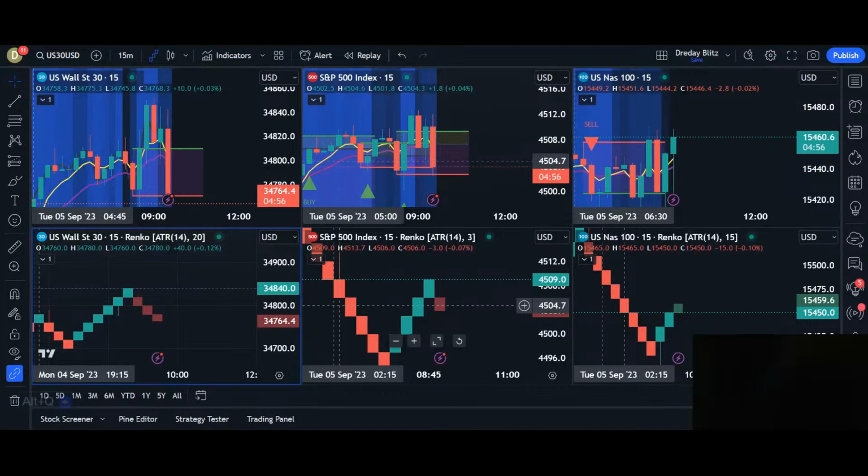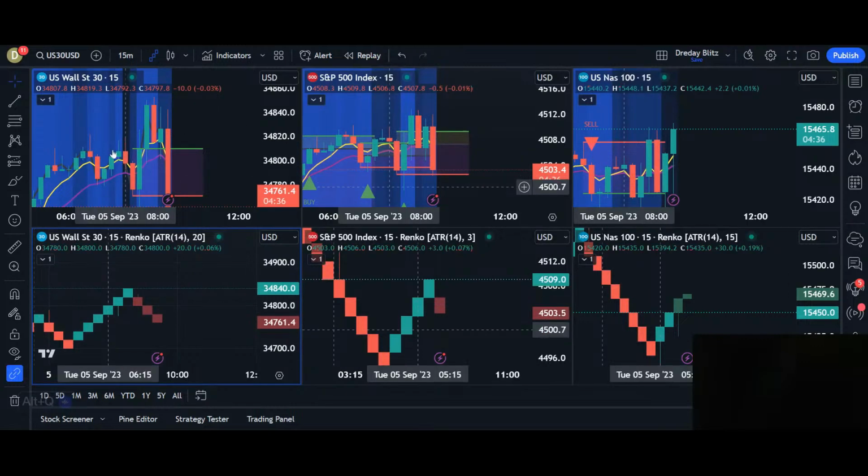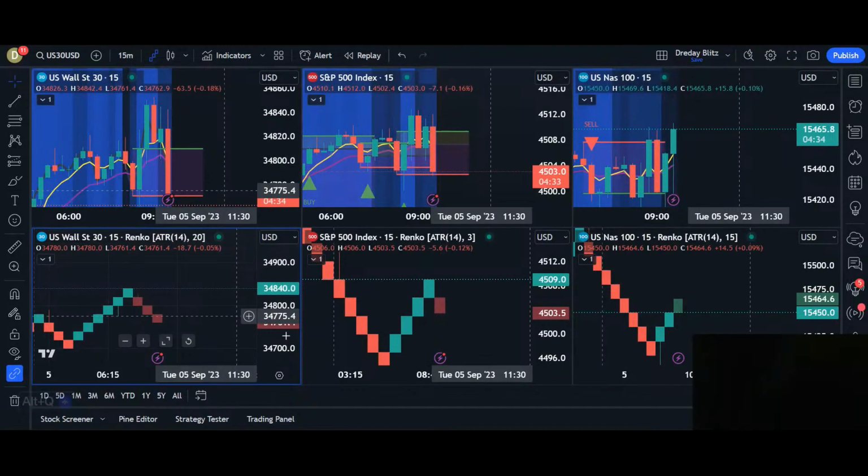But if you have the free version of TradingView, you're only going to have the Renko bars on the daily chart. If you want the specific Renko bars on the lower time frame based on how you trade, you have that on the Pro Plus or the Premium package.